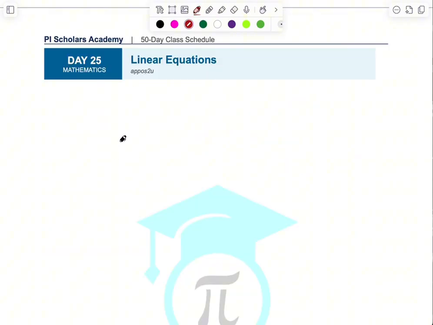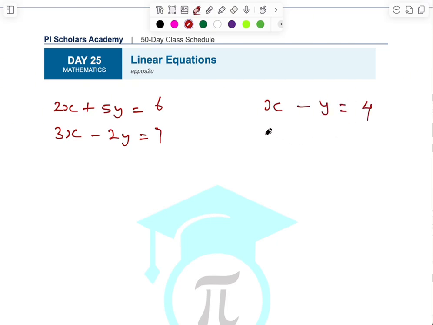So now, I'm going to give you some equations. This is 2x plus 5y equals 6, and 3x minus 2y equals 7. I can give you one here that says x minus y equals 4. And then this one, let me make it x minus 4y equals 4.